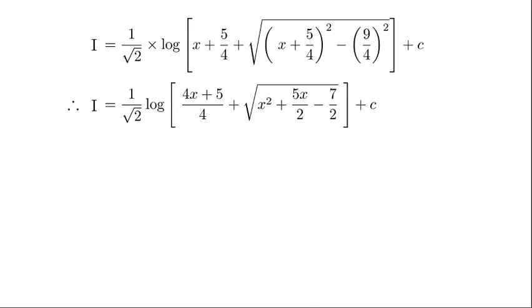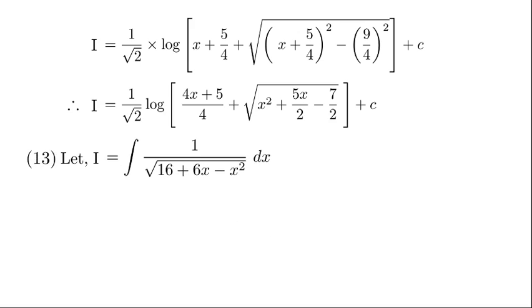On simplifying this, we get 1 by root 2 log of (4x plus 5) upon 4 plus root of x square plus 5x by 2 minus 7 by 2 plus c. Be careful, this will not reduce to the problem part because we have taken 2 out.